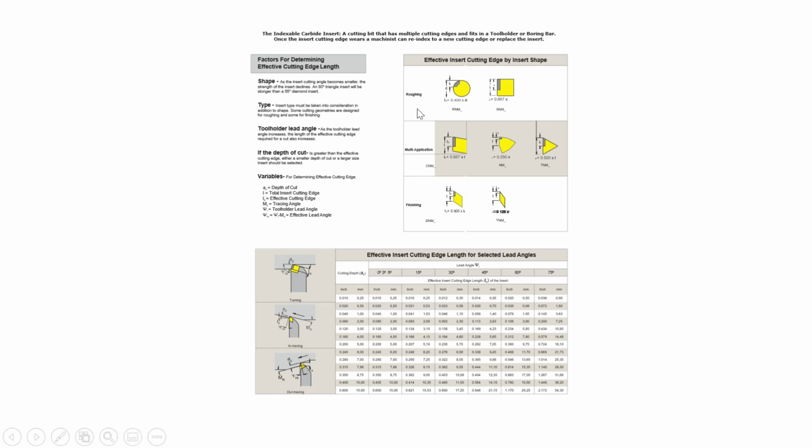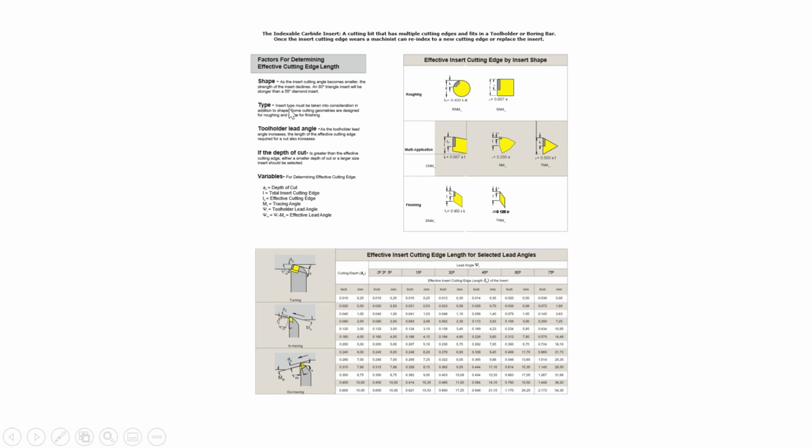Like I said earlier, circular and square shapes can be used for roughing. The 80-degree diamond, trigon, triangle can be used for semi-finishing operations, and 55-degree or lesser, maybe 35-degree diamond shape, can be used for finishing operations.